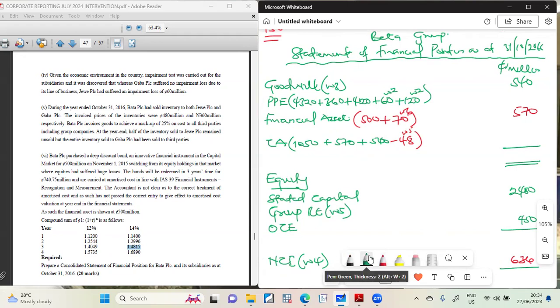Current asset is 2112. PP is what? 5280. So what is the total balancing figure? 11352.